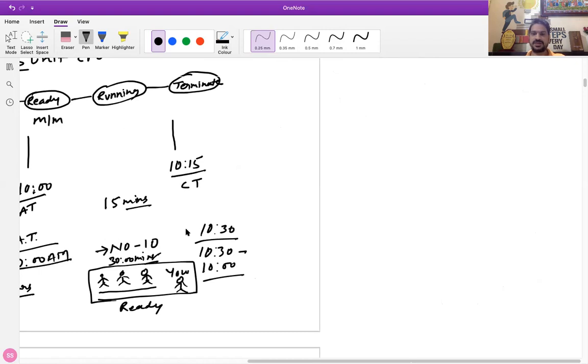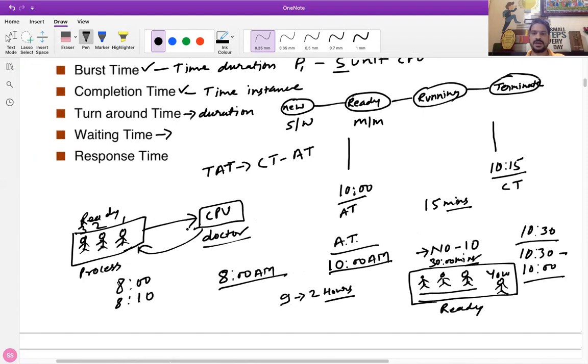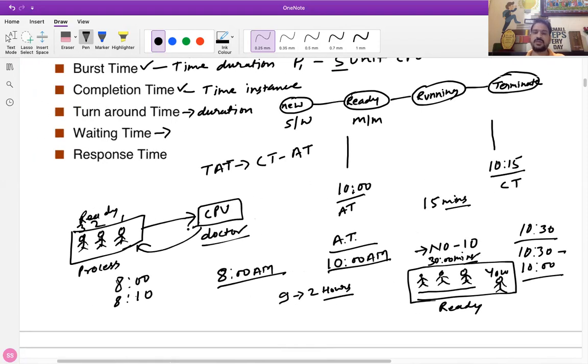The same scenario might happen with a process, and in that case we have to calculate the waiting time. Waiting time is the time when the process is waiting for the CPU to be allocated.